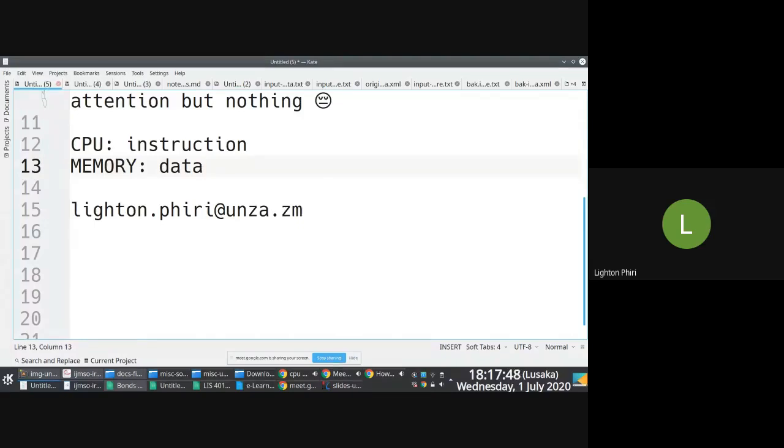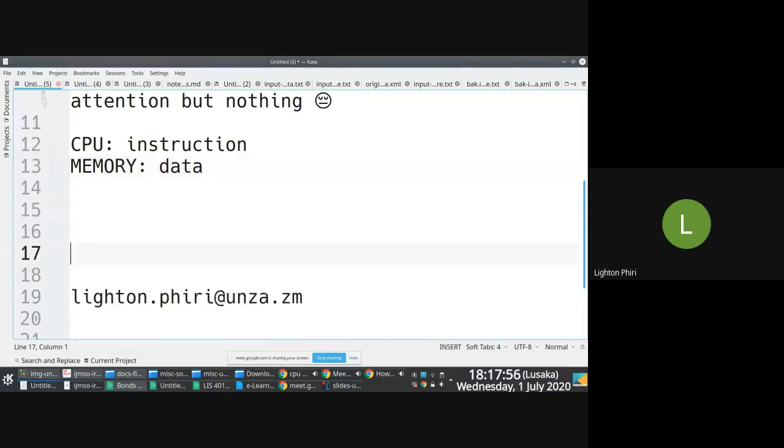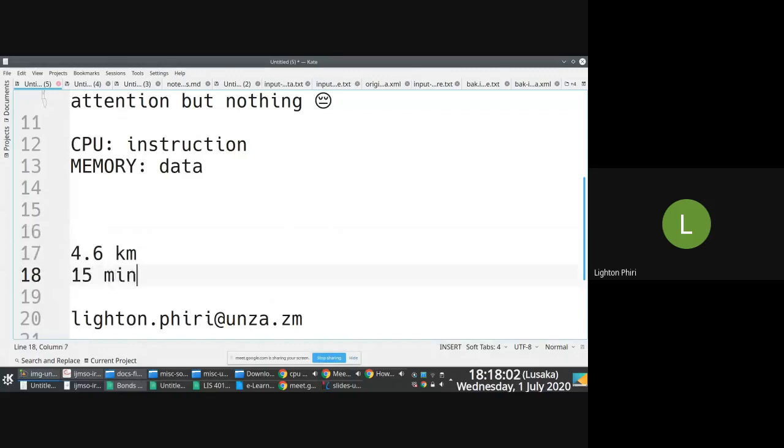Throughput could be the speed at which, if Lighton takes 15 minutes to go to Unza, and we know that Unza from where he lives is 4.6 kilometers, you can convert this into a value, right? It's a throughput. It's just a rate at which something is being done. Do you understand? Yeah.